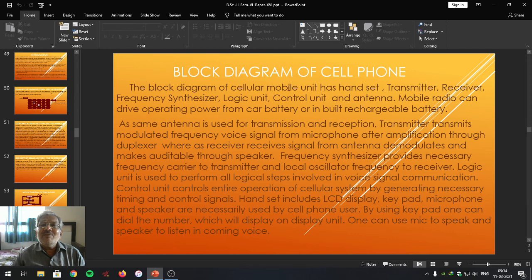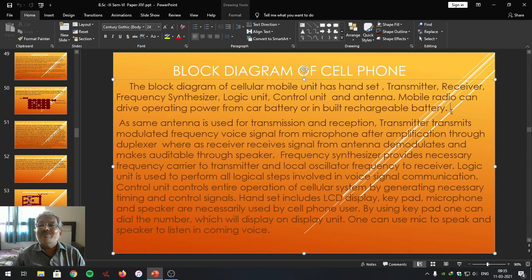The block diagram of cellular mobile unit has a handset, which you already studied, transmitter, receiver, frequency synthesizer, logic unit, control unit, and antenna. Mobile radio can derive operating power from car battery or inbuilt rechargeable battery.